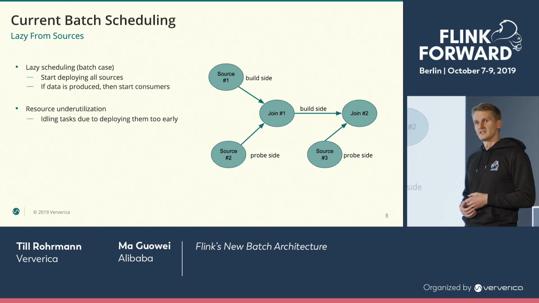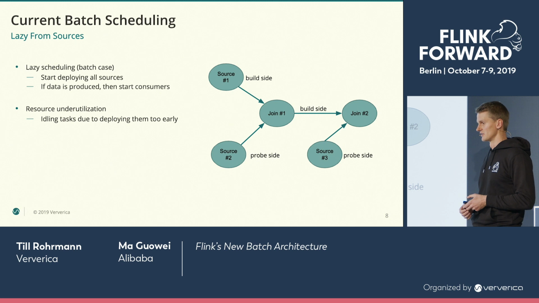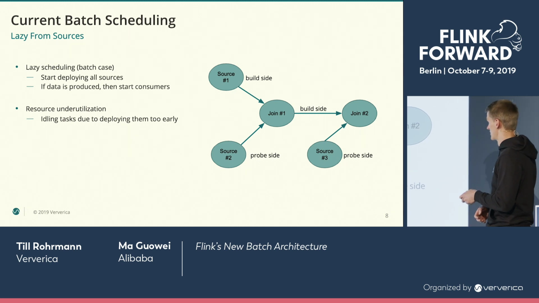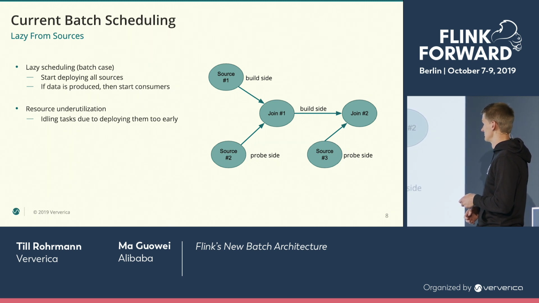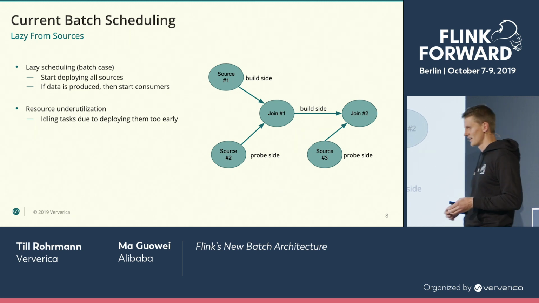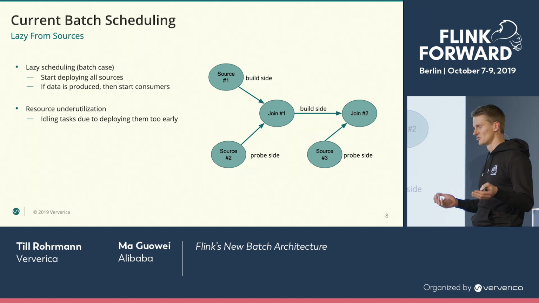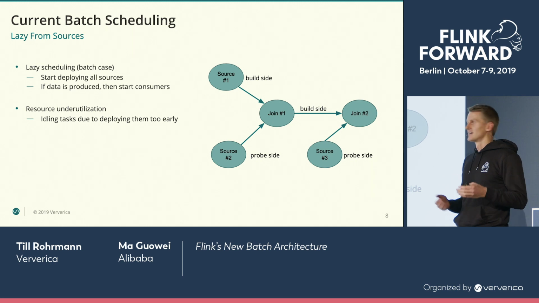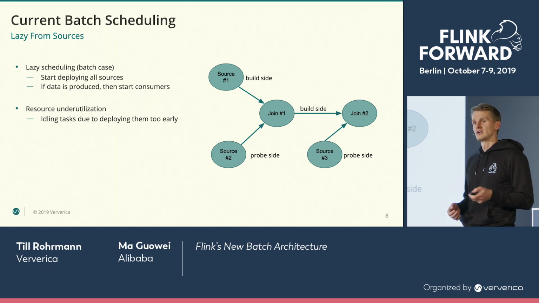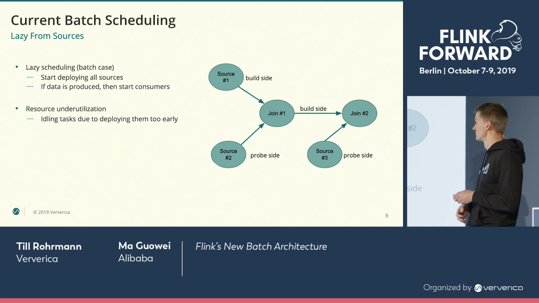This, however, is not optimal if you take a closer look at the available job graph. So you see that we have 2 join operators, which use a hash-based join implementation because we have a build side and a probe side. And when using a hash-based join operator, what the operator first does is consume the build side to build internally a hash table against which it probes the probe side.